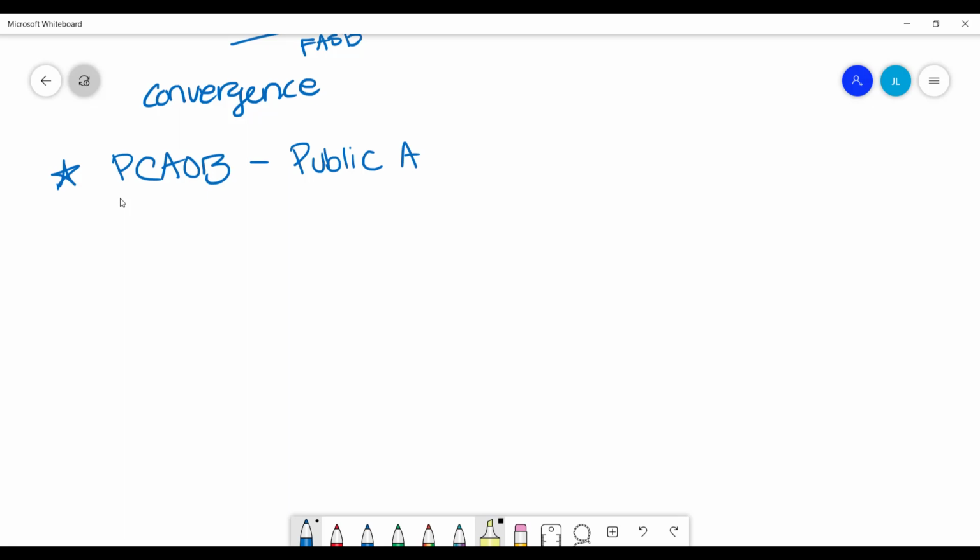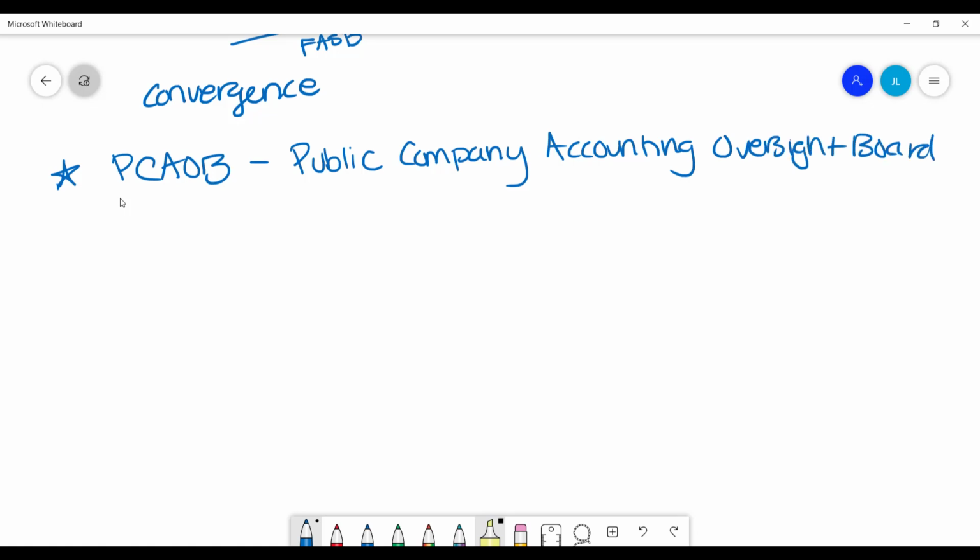This refers to the Public Company Accounting Oversight Board. And basically, this group was created by the Sarbanes-Oxley Act of 2002. And this basically changed a lot with regards to regulation in the accounting profession. So basically, we are not going to go into incredible detail, but this group is basically charged with oversight of the public accounting profession.